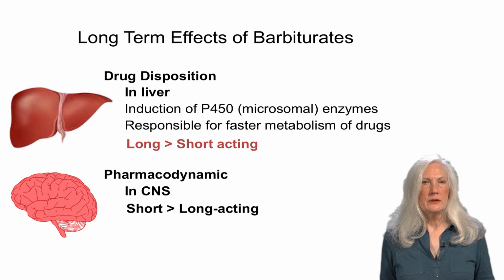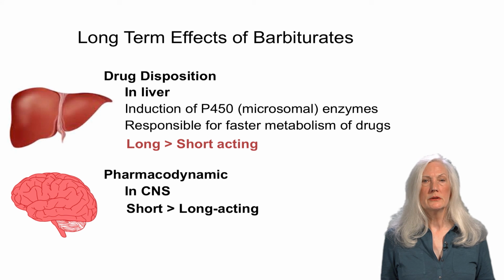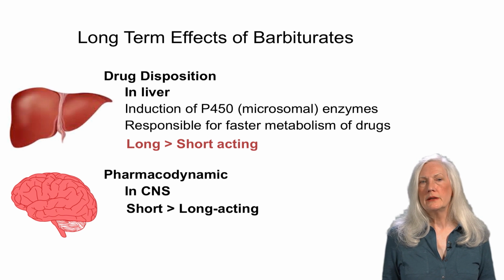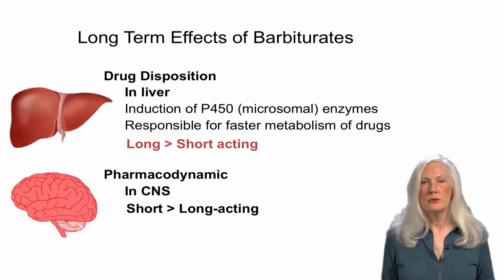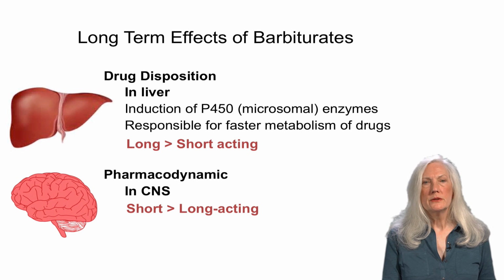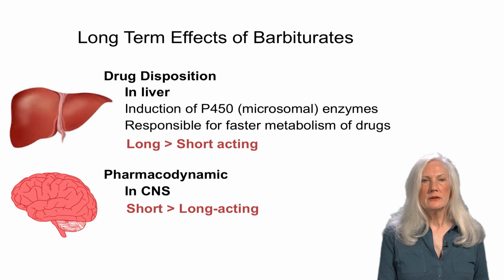Long-acting barbiturates, the less soluble drugs, the less lipid-soluble drugs, induce enzymes in the liver better than short-acting, more lipid-soluble barbiturates. However, short-acting barbiturates produce greater changes in the brain than long-acting barbiturates.